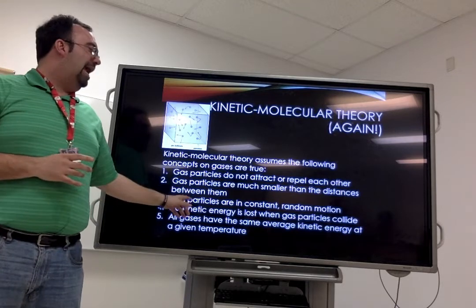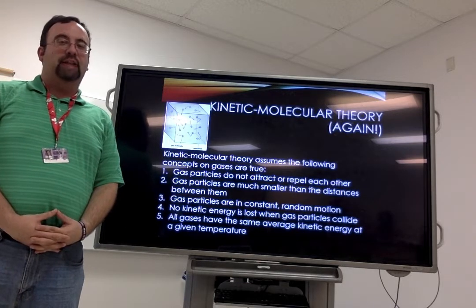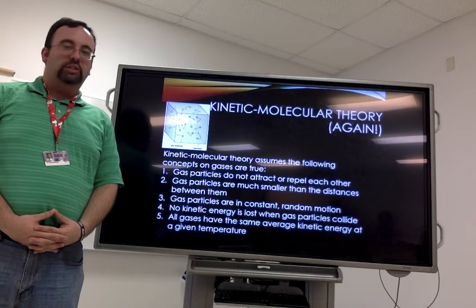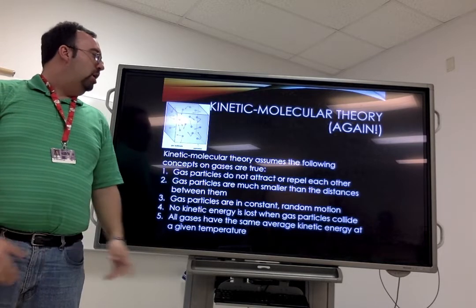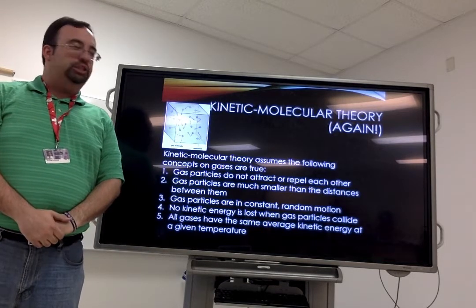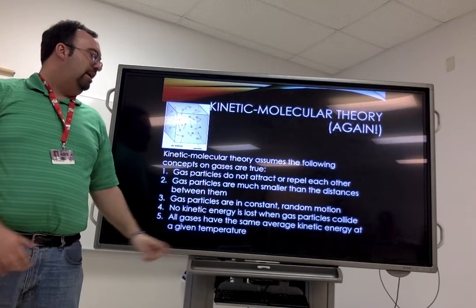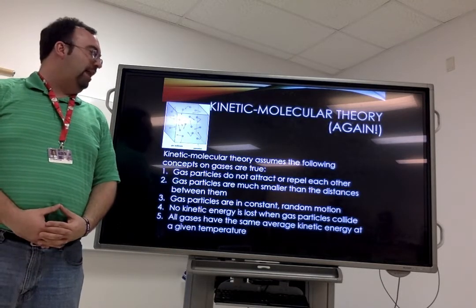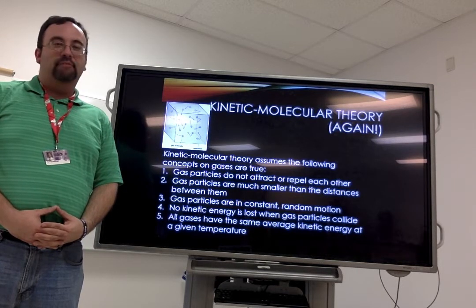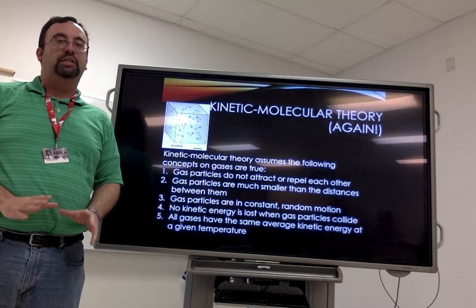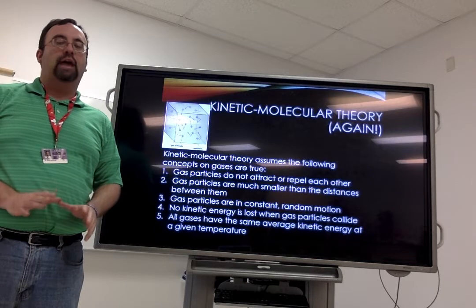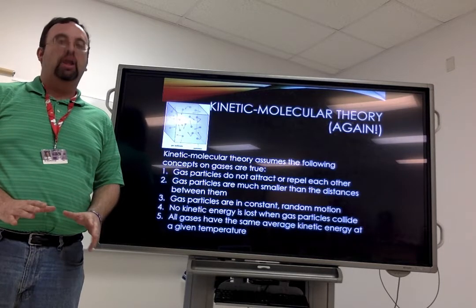Gas particles, as we talked about in the last chapter, are in constant random motion. There is no kinetic energy lost when gas particles collide, and we'll also say that all gases have the same average kinetic energy at a given temperature. We're going to use these assumptions to make our calculations a little bit easier.